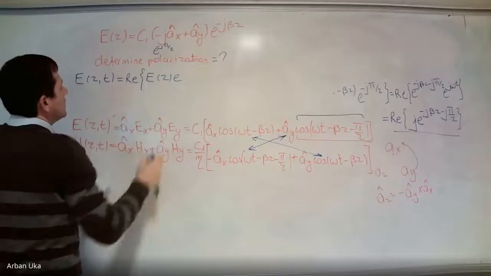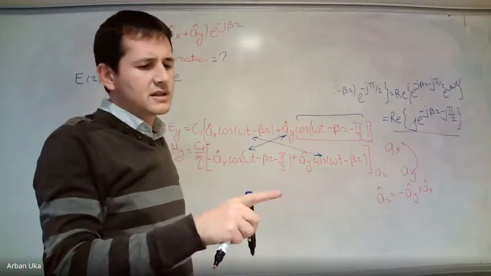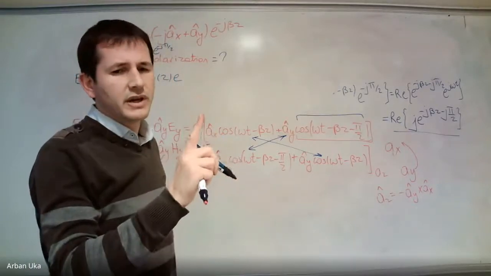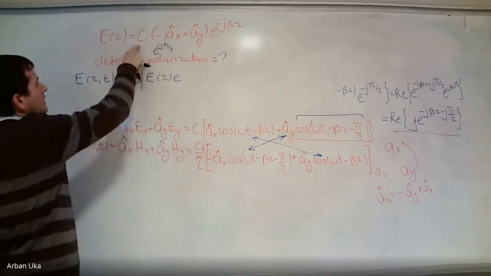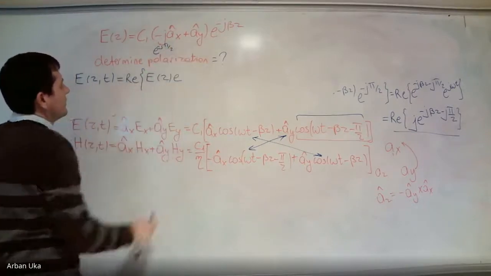Is it C1? It's C1, so they're equal. So the amplitude of the electric field along the x-axis is equal to the amplitude along the y-axis, because this is the amplitude, C1. We don't have any constant that appears in here.